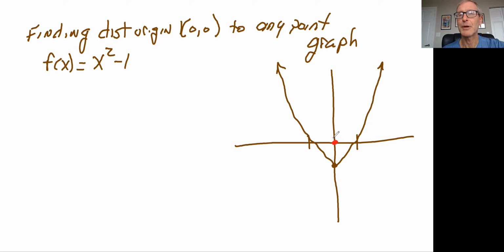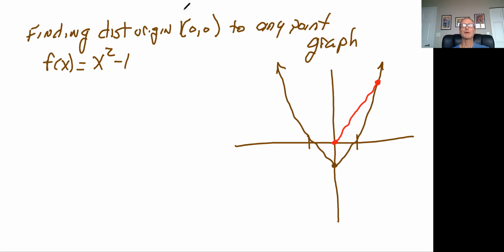And any point, or any spot on this graph. So say like I picked this. So with the equation I'm going to show you how to derive, we're going to be able to plug in values, specifically the x value, and you're going to be able to calculate the distance of that line from the origin to that point on the graph.